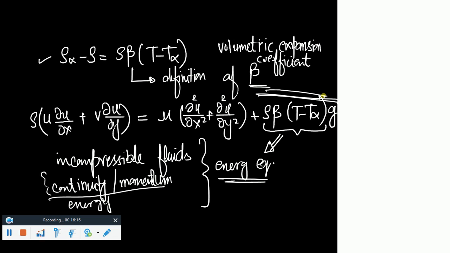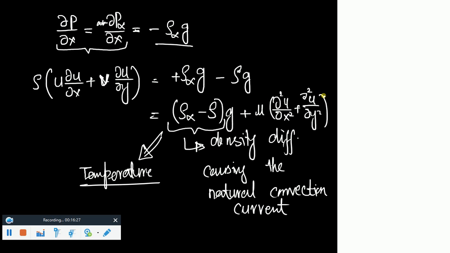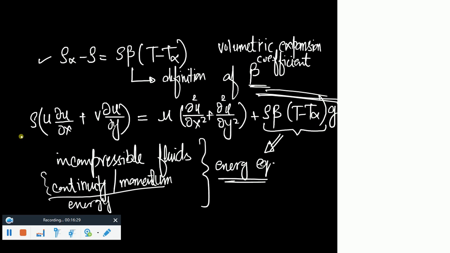Now, we have rho beta (T minus T infinity) g. We are habitual of looking at this; this is the dimensional form of the equation. We are habitual of looking at things in the non-dimensional form.